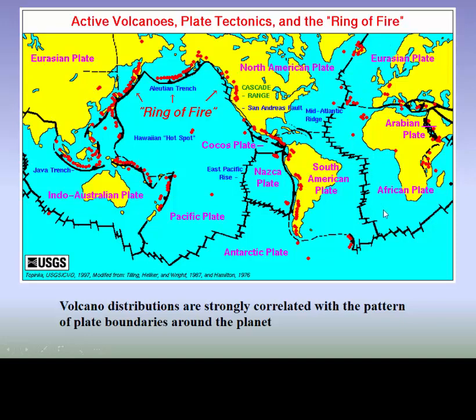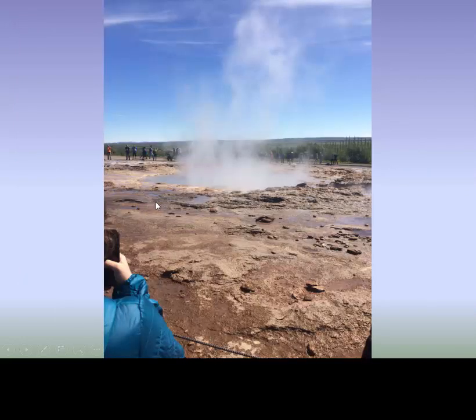But you can see a number of other places. Mount Vesuvius over here in Italy, Mount Etna in Italy here. And then we have tectonic activity over here in Turkey, South American volcanoes, all around this, and we've had some in New Zealand.